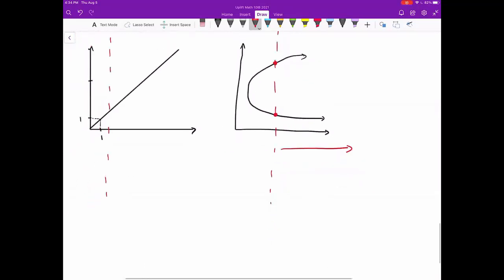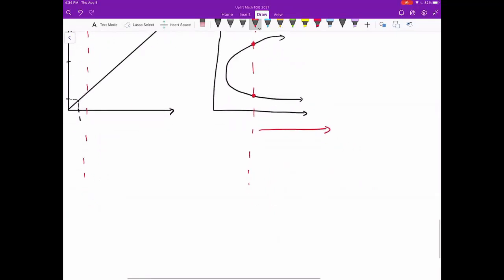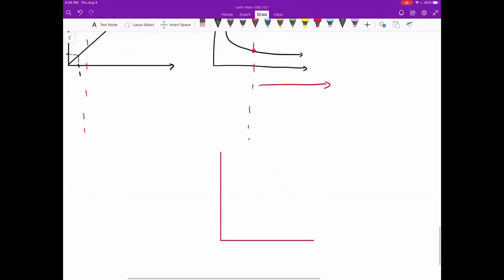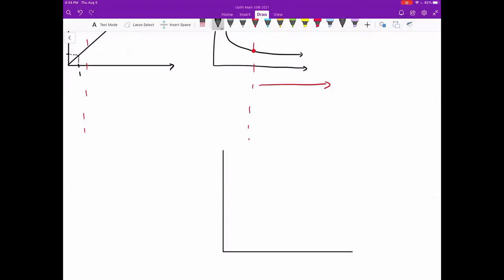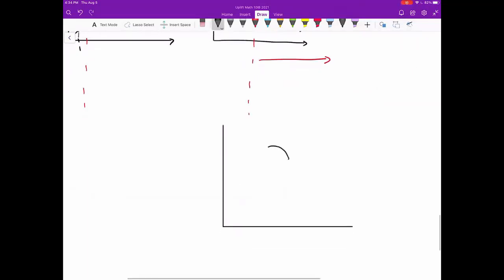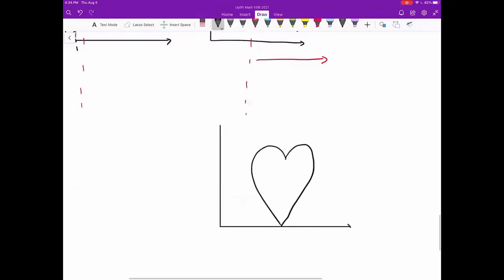Do you want to do another example that's not a function? Sure. We can draw a love heart. Just draw a heart. I don't think it would be a function. If we do a vertical line test at a random point, we can see that it passes through two different points.